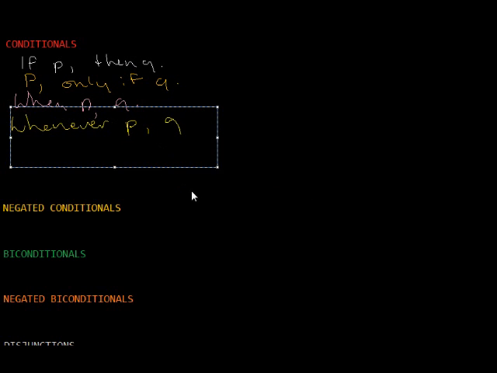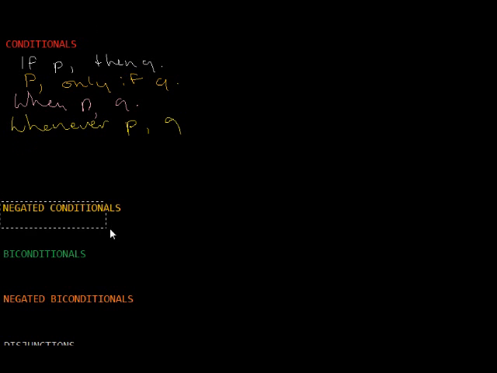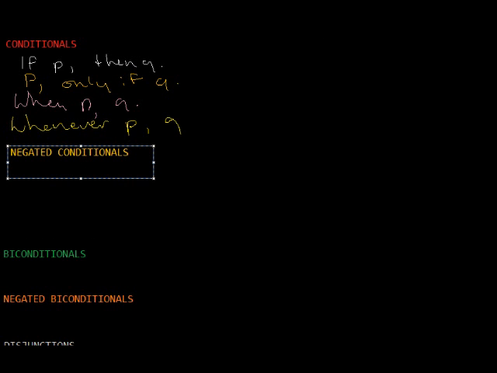So a negated conditional. That is an argument of the form, simply, that it is not the case that P implies Q. So any other form that you have here is not a negated conditional.